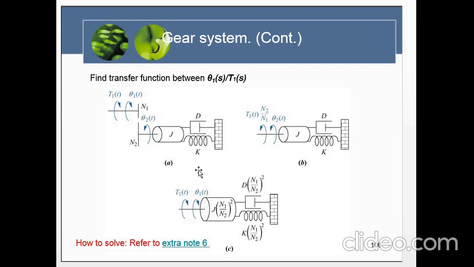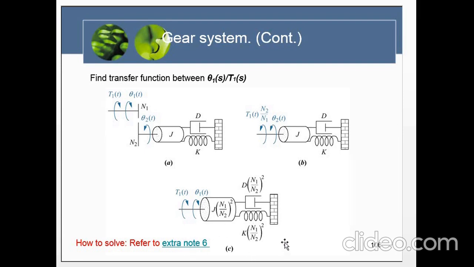If we combine, and J also moving, if we look from the first, we get T1 theta 1, and the inertia is J in the bracket N1 per N2 squared, and the damping coefficient is equal to D multiplied by the bracket N1 per N2, close bracket, squared, and also the same for K, the constant of the spring.